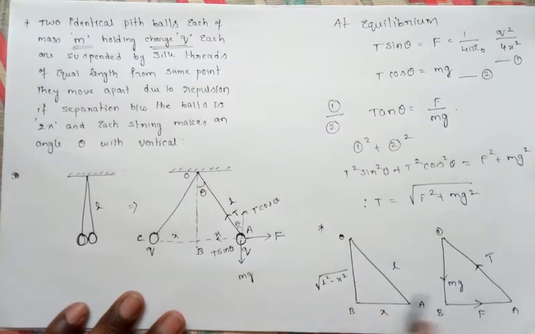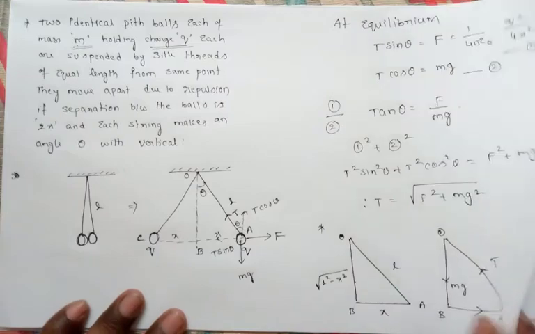Now for these two triangles, we can apply the triangle law of forces. Taking the force mg by its corresponding side, that is mg by root over L square minus x square, is equal to tension T by L, is equal to Coulombic repulsive force F by x.